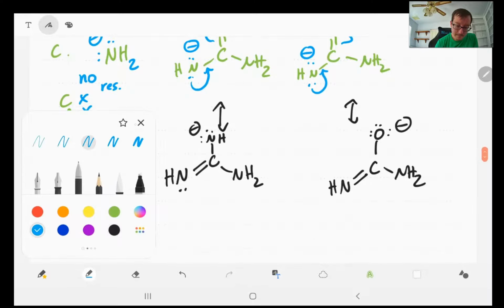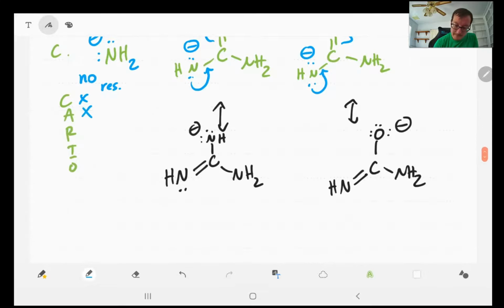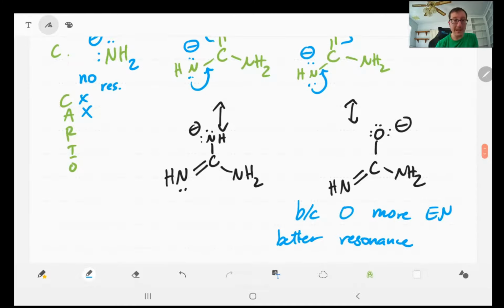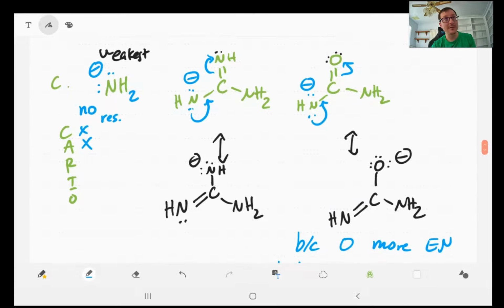Because oxygen is more electronegative, it's going to be the better resonance. So, first thing you're asking, can everything resonate? If only one thing can resonate, that's always the strongest.